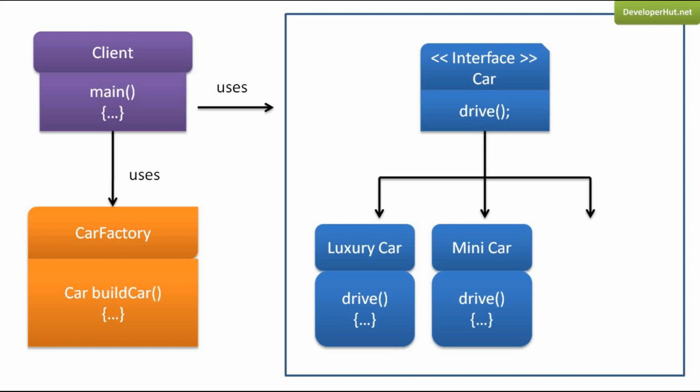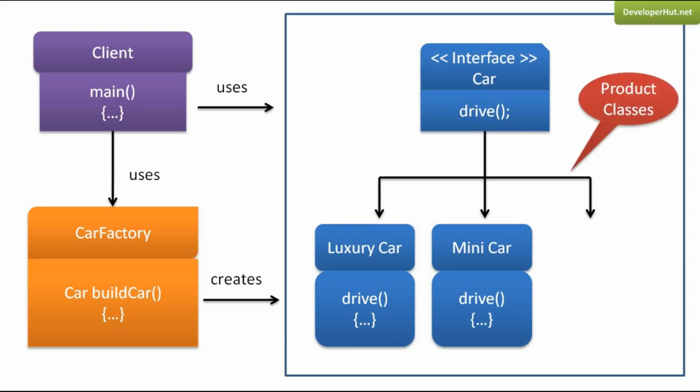So there is a factory method which holds the logic of object creation, and whenever the client wants any object, it will consult the factory class and get the object. So your factory method will create all these kinds of objects, right? And the client is using the factory class.